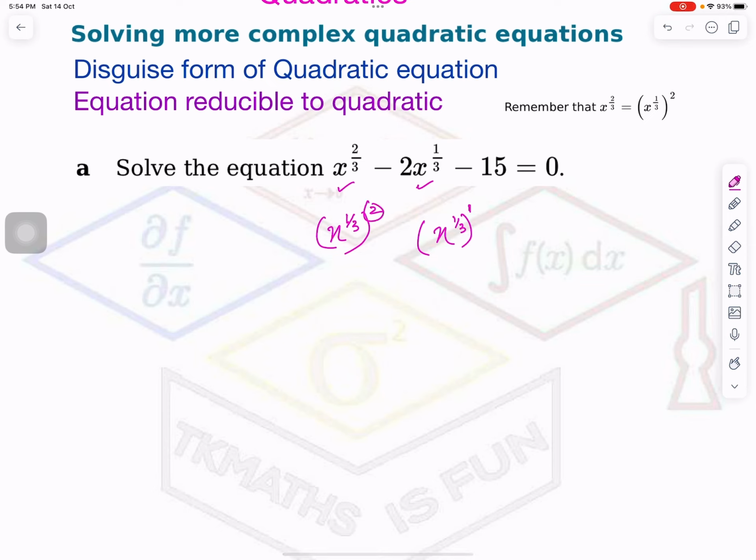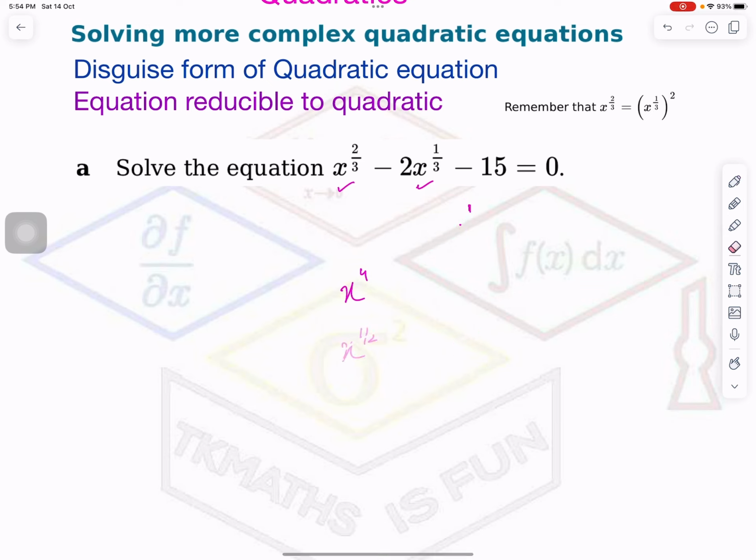So this is double of this. So it always has such a relation. For example, it may have x power 4 and another x power 2, or maybe x power half and x power 1.